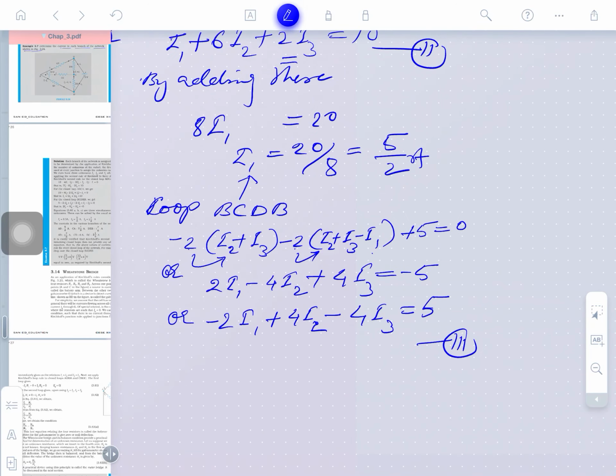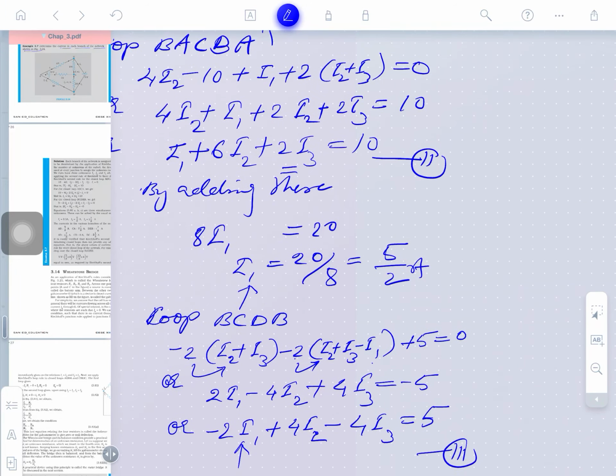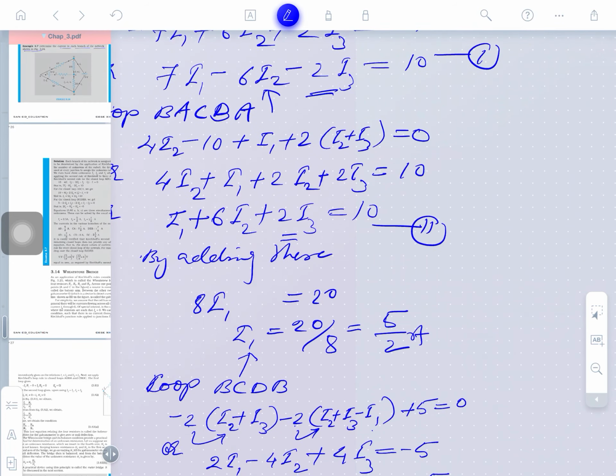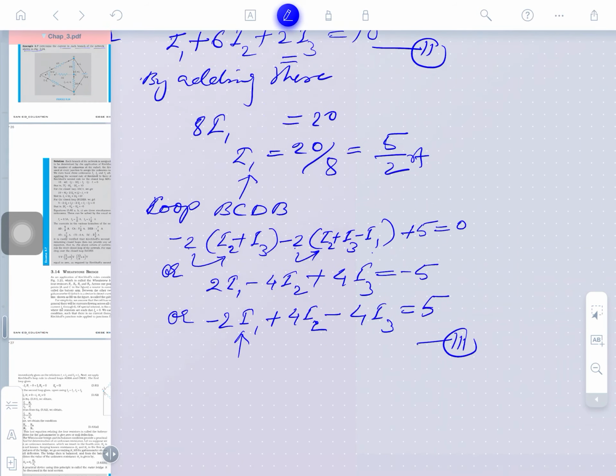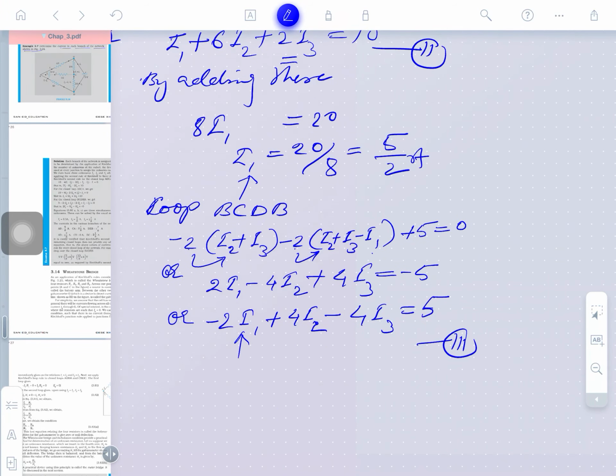So, solving the two equations, I1 we found here. So, the I2 and I3 are to be cancelled here, 4 I2 and 4 I3. Where is 4 I3 in the equation? Nothing. So, here is 4 I2, here is 6 I2. 4 threes are 12, 6 twos are 12 and the opposite sign. Okay.